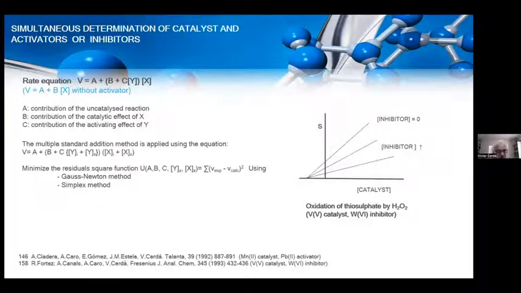One interesting contribution was that we were able to find the equation when the catalytic reaction is produced in presence of activators or inhibitors. The equation is this one. For example, the speed of the reaction with only the catalyzer is a linear equation without the activator or the inhibitor.